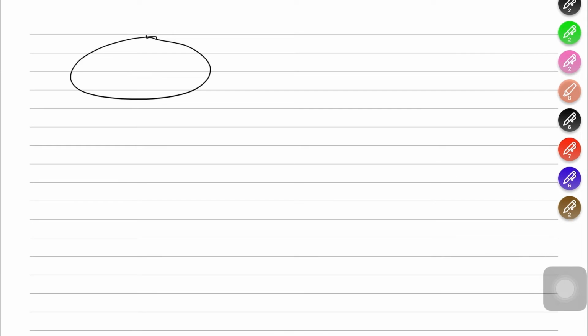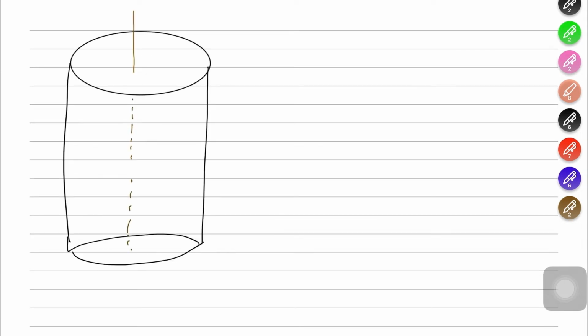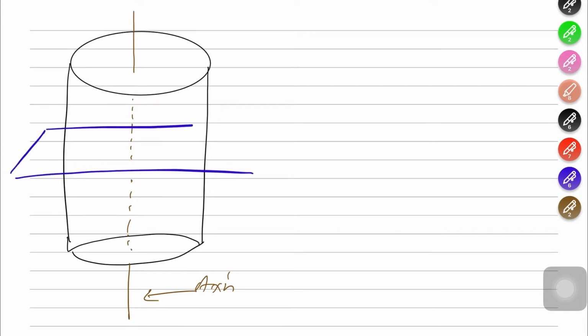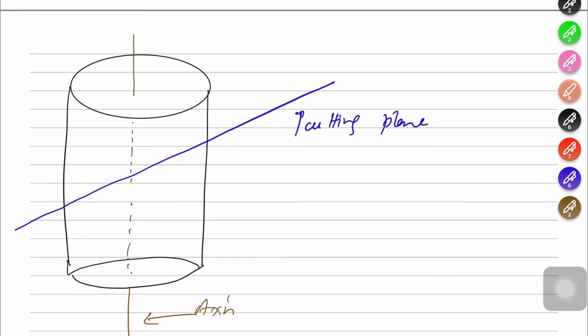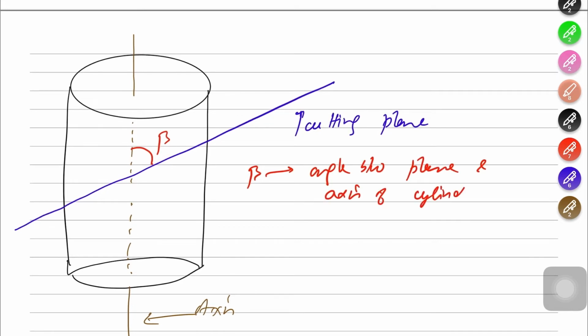If this is a cylinder with its axis, and this is the cutting plane, let's say the angle between the plane and the axis of the cylinder is beta.